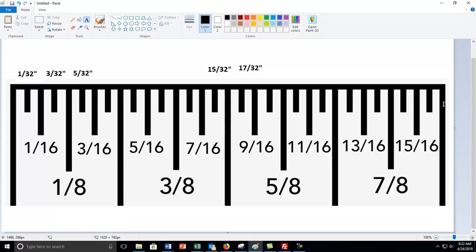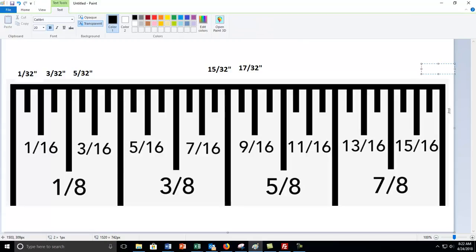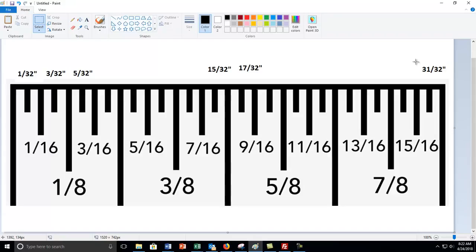All the way to the end would be 32/32. The one right before that, therefore, would be 31/32. All you're doing is counting up with the numerator. The denominator, remember, is only telling you how many pieces you're cutting the ruler into, which we've already established is 32 equal little pieces. And whoops, I just goofed that one up, but you get the point.